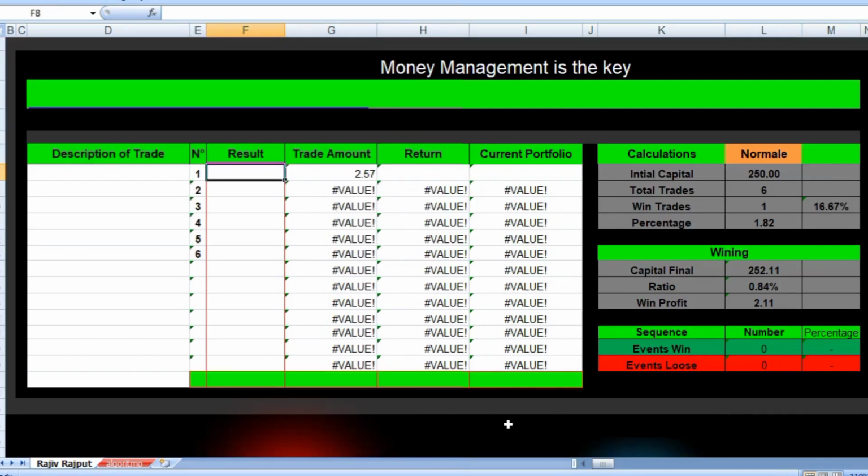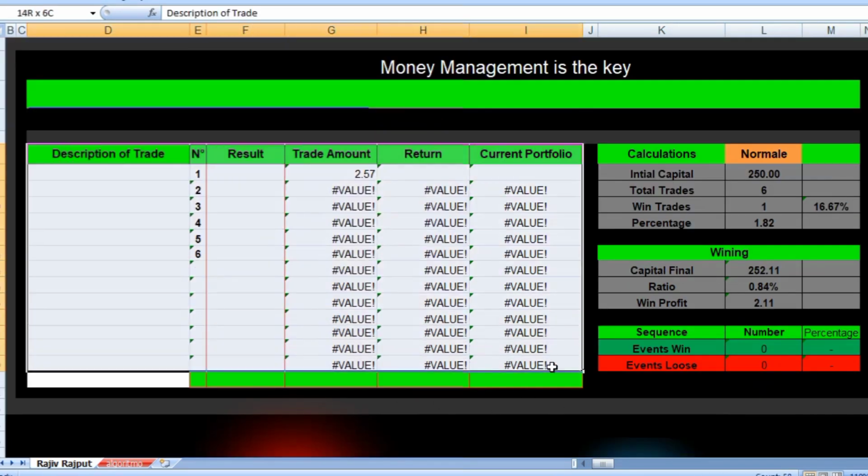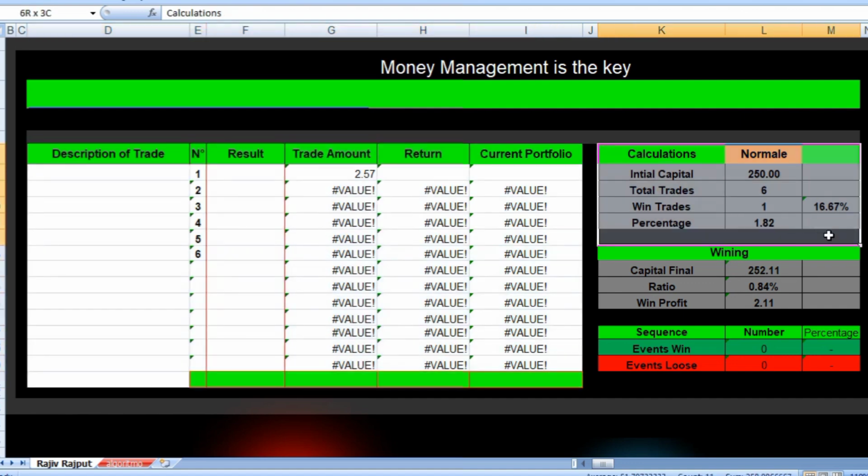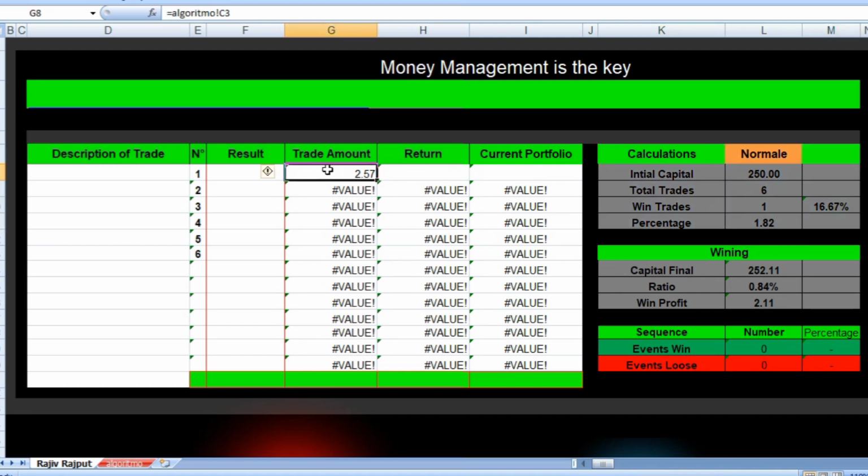So now we are going to understand this panel of the money management sheet. Once you fill the operational details in that particular panel, the money management sheet will suggest the amount of your first trade in that particular box. As you can see, the trade amount is the amount of the trade that you have to take according to the martingale steps.